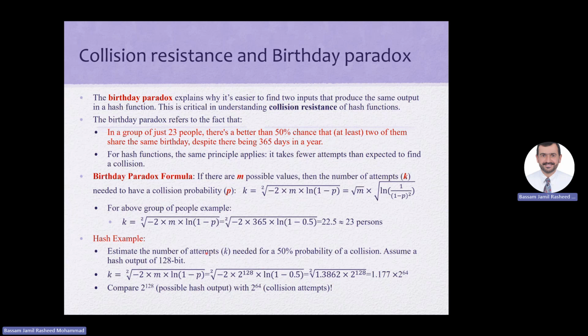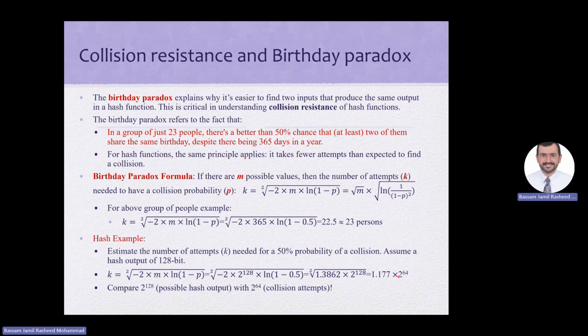Despite the fact that I have a hash function with a digest output of 128 bits, my trial complexity is 2 to the power 64 for a probability of collision of 50%. I lost half of my bits.